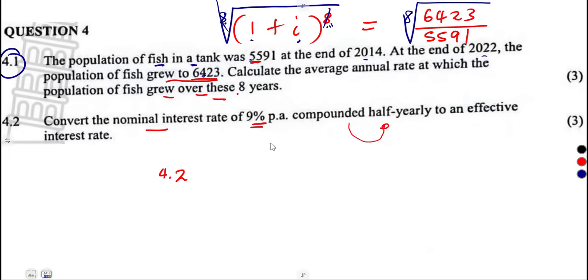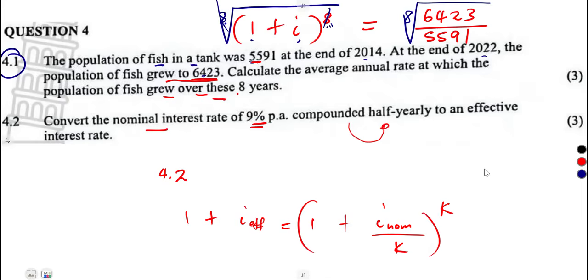Remember, there is a formula that connects the nominal interest and the effective interest. We understand that 1 plus i effective is equal to (1 plus i nominal over k) to the exponent of k, where k is the compounding.